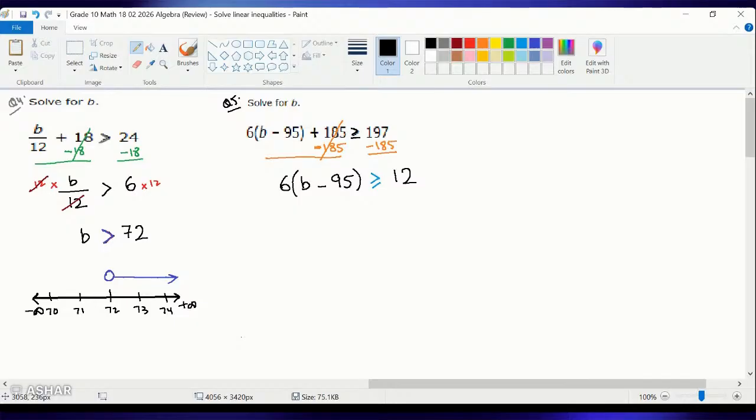What we need to see is we have an equal sign, right? So can we divide both sides by 6? So we can say 6 times 1, and 6 times 2.